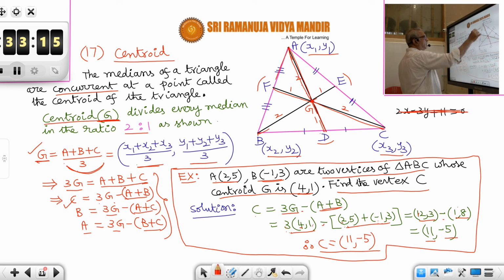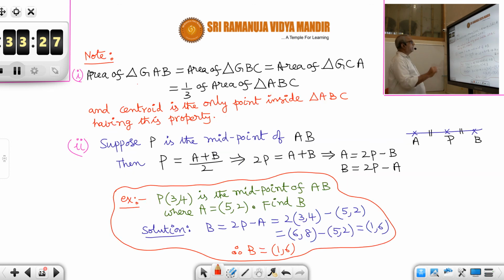So triangle GAB, triangle GBC, triangle GCA are all equal in area. The area of triangle GAB is equal to the area of triangle GBC, which is equal to the area of triangle GCA, which will be equal to 1/3 of the total area of triangle ABC.